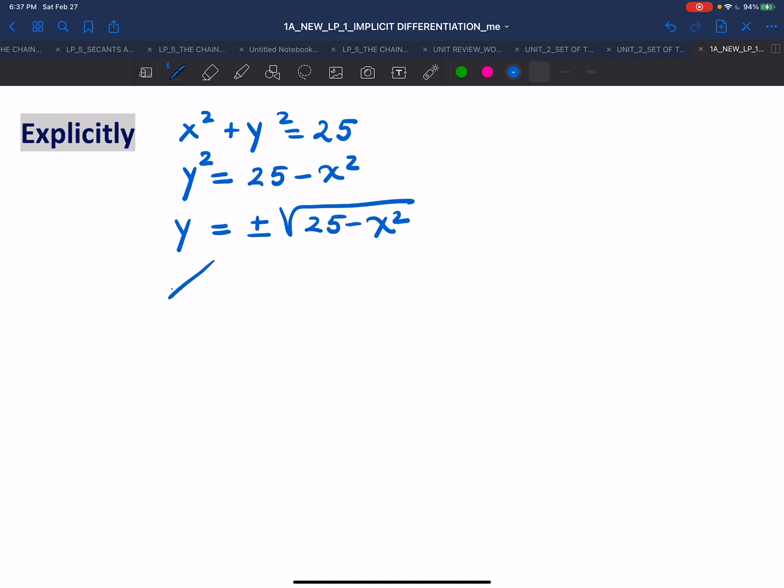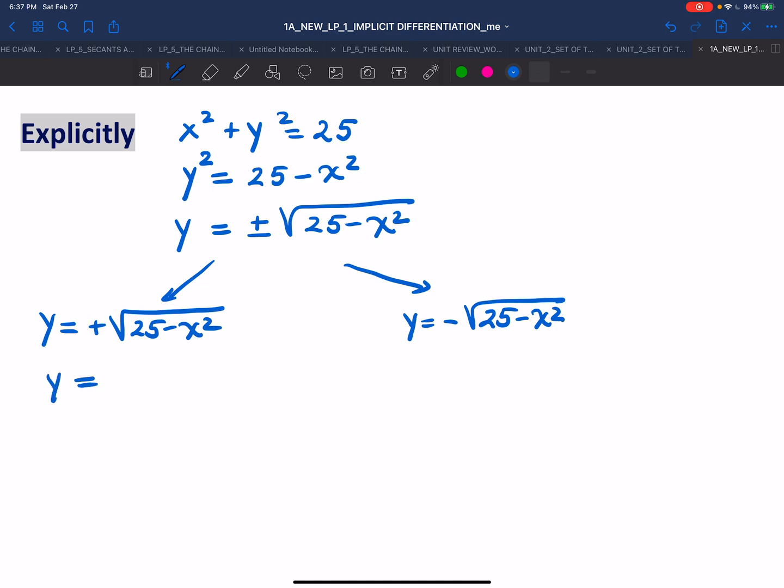As you can see here, we obtained two different equations. y equals positive square root of 25 minus x squared, and y equals negative square root of 25 minus x squared.